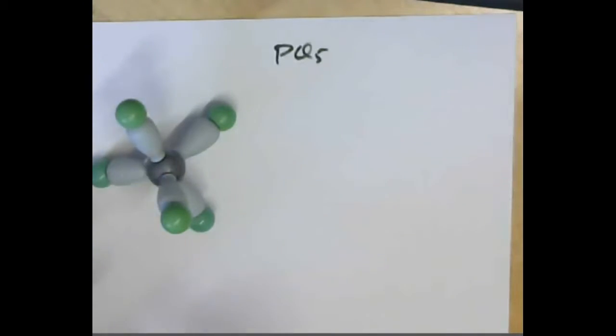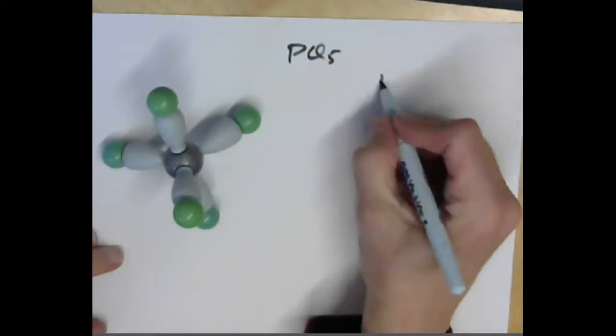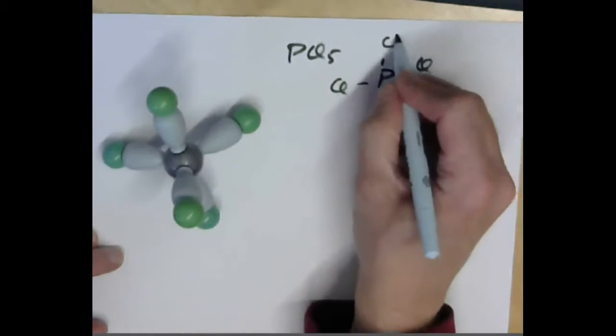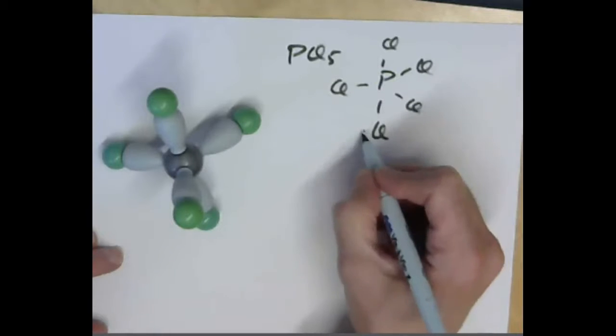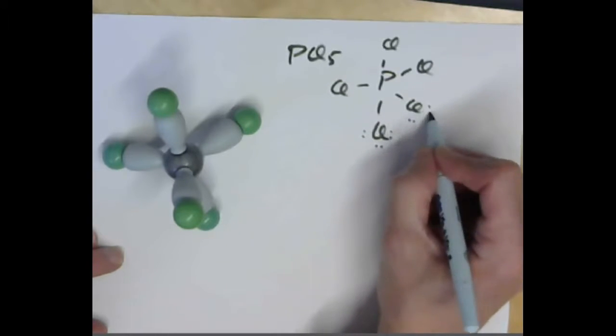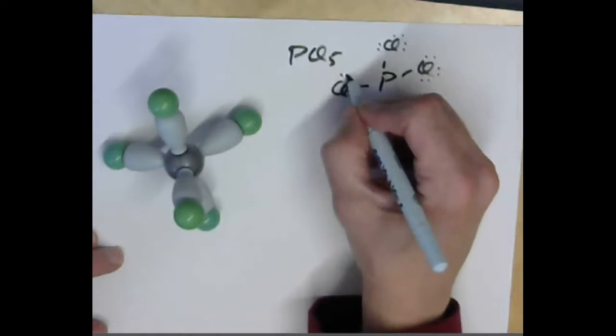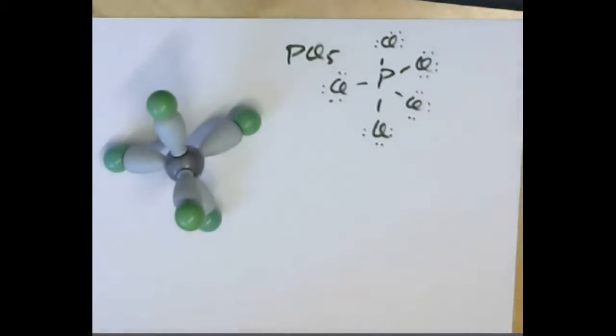PCl5, phosphorus pentachloride. Its Lewis structure might look something like this. And remember, the Lewis structure doesn't have to explicitly follow the electron domain geometry, but I've tried to do it in this instance.